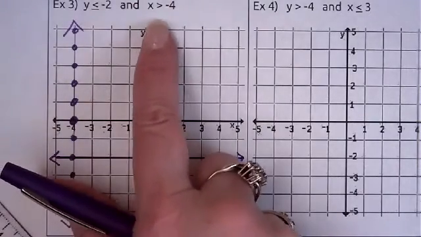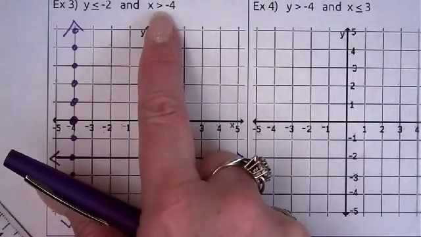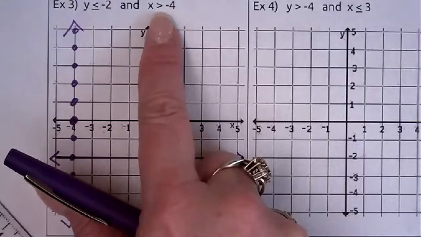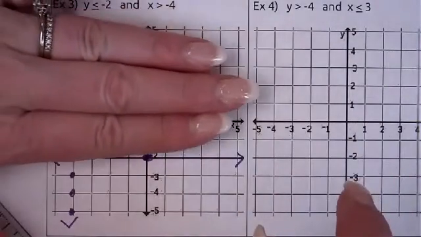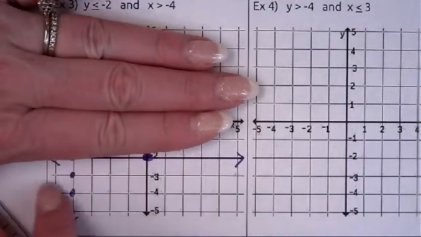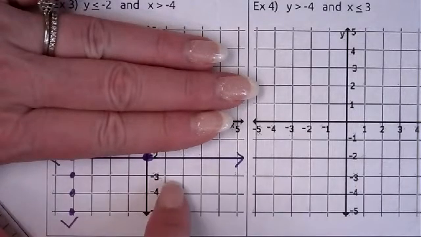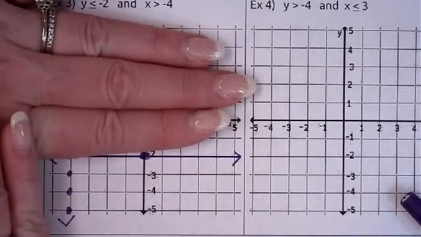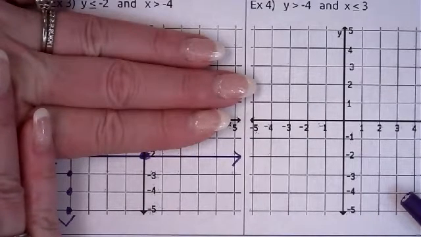My x inequality says I have to be greater than. That means I've got to go to the right. So not only do I have to be down here below the y line, I have to be on the right of the x line.